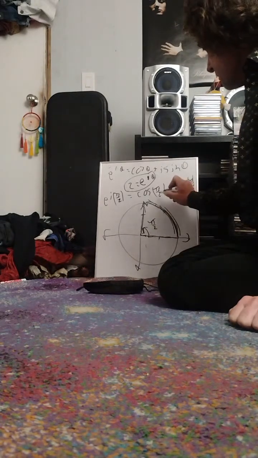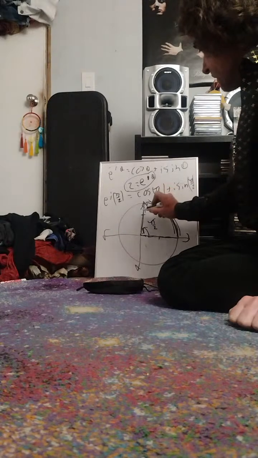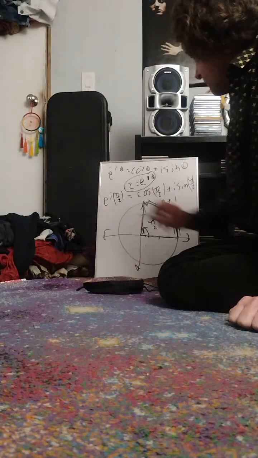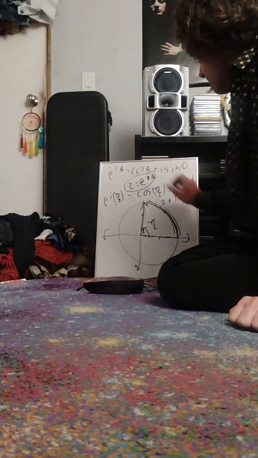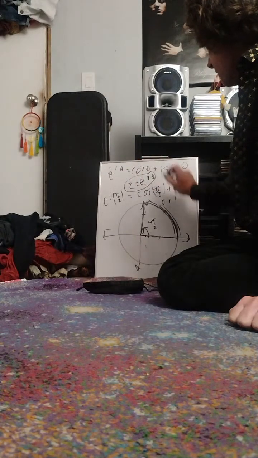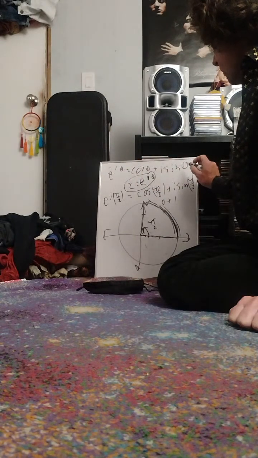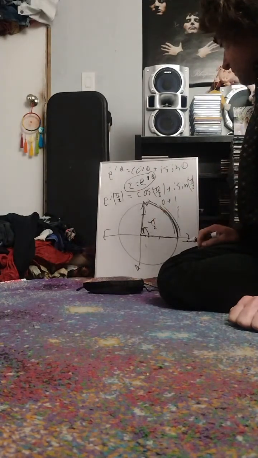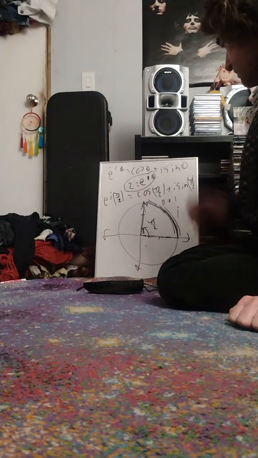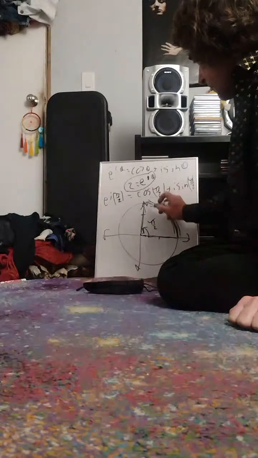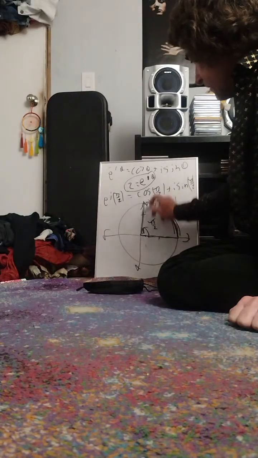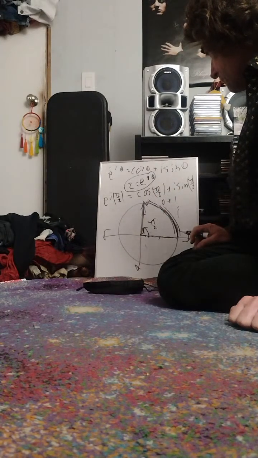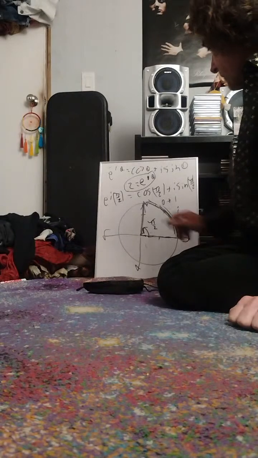Cosine pi over 2 is 0. Sine pi over 2 is 1. So this number, e to the i pi over 2, is cosine theta, which is 0, plus i sine theta, which is i. And what's sine of pi over 2? Well, the sine of pi over 2 is the y value, this height at pi over 2 radians.